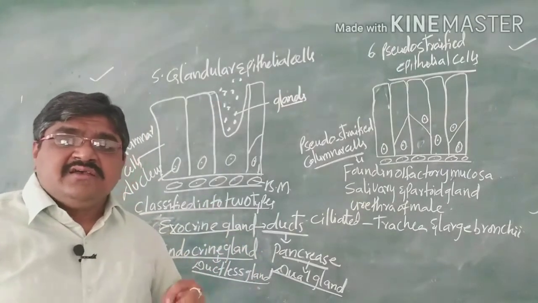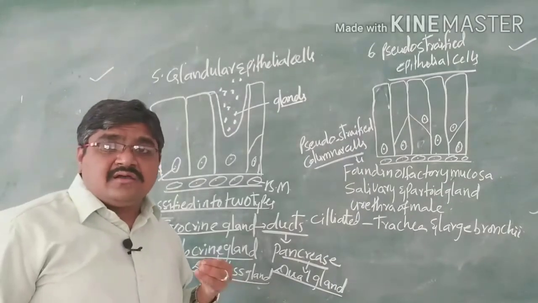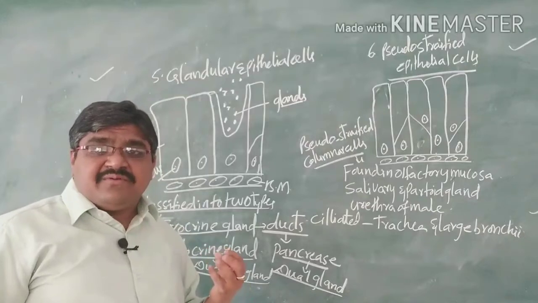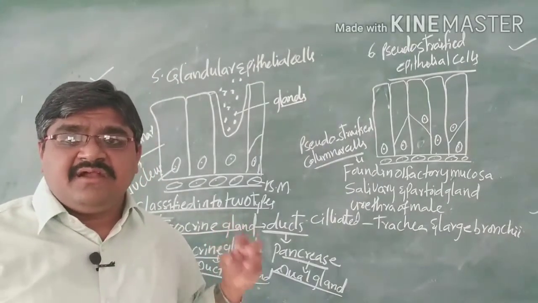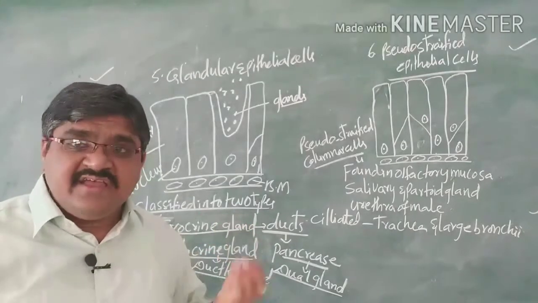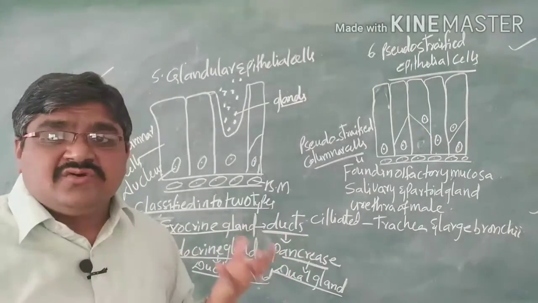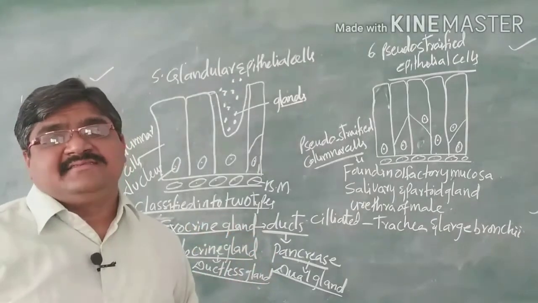The blood carries the secretion to different organs and stimulates them, so we call them endocrine glands.